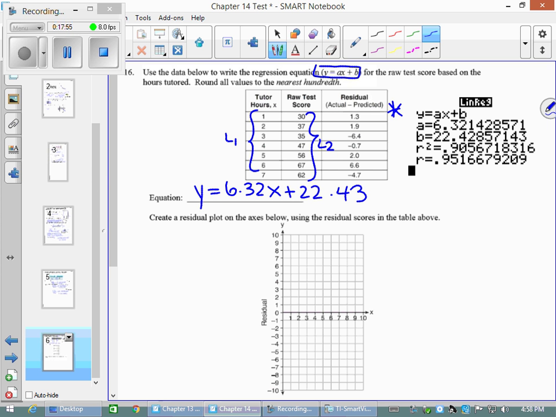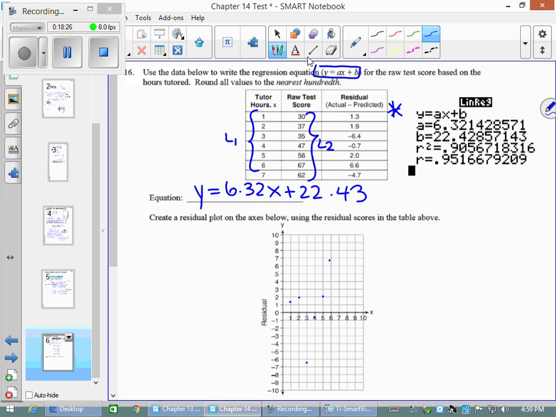Again, approximate. 2, 1.9. 3, negative 6.4. 4, negative 0.7. 5, 2. 6, 6.6. And 7, negative 4.7. Okay, so that's my residual plot.